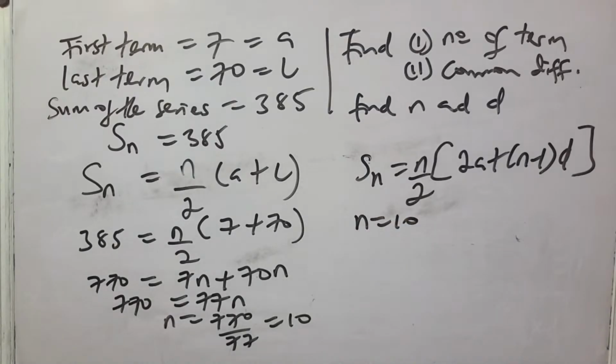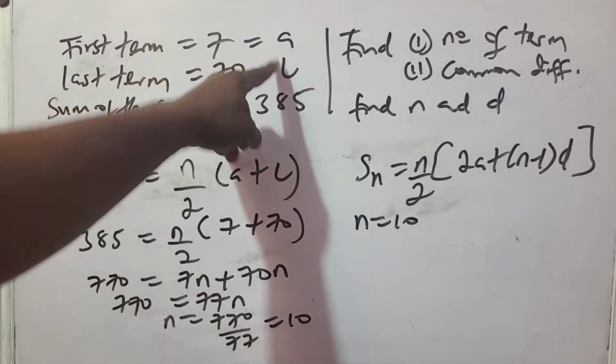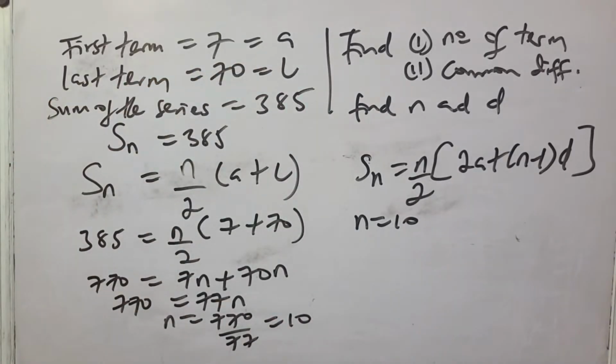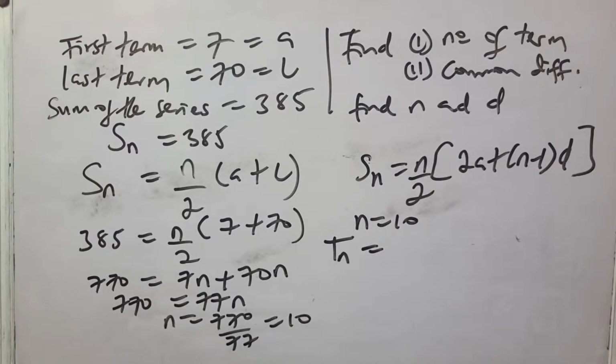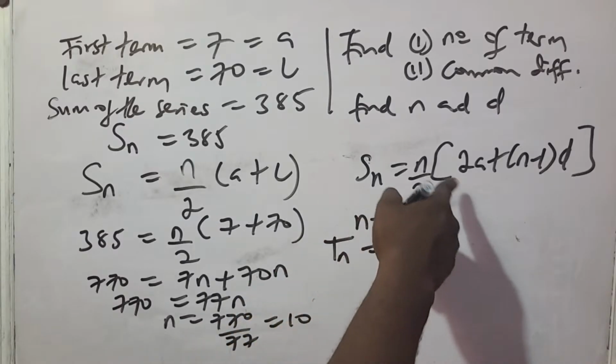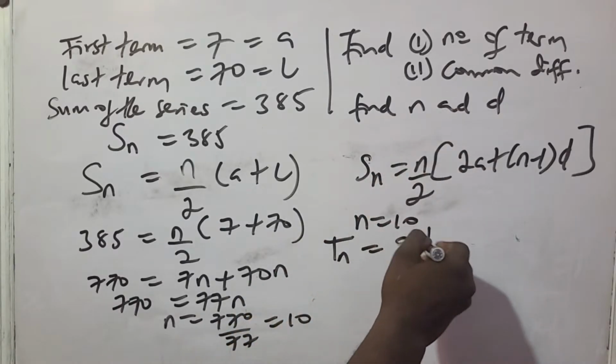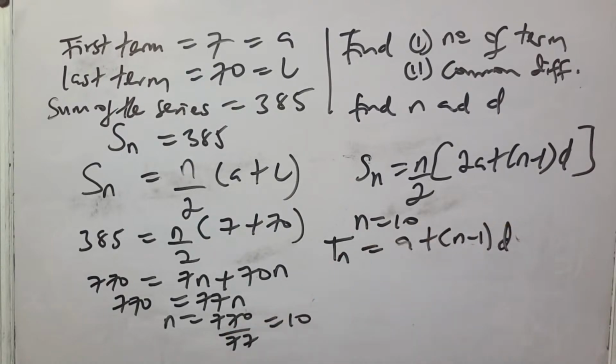Alright? So now that I have gotten my n as 10, obviously it's quite easier now to find my d. You say, why is it easier? Because once I know my n and I know my a, that's enough for me to find my d. The general expression for a particular term was given as a plus n minus 1 d.